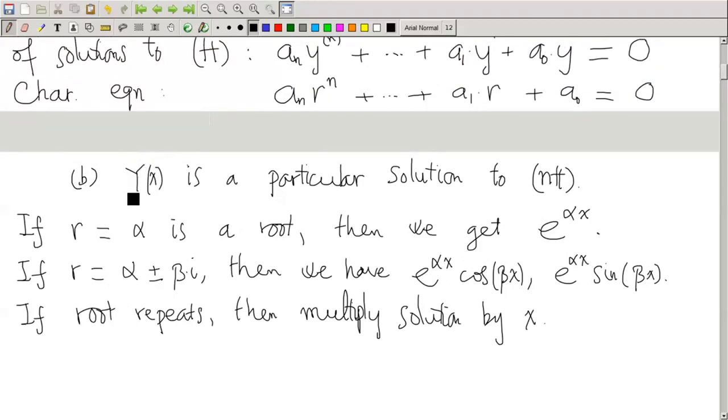And for capital Y, we also do as we did for second order. We have an initial guess, and then if the initial guess is a constant times y1 or y2 or y3, then we need to modify the guess by multiplying by x.